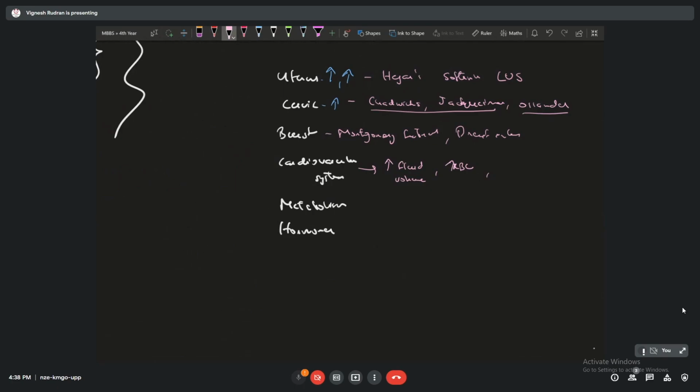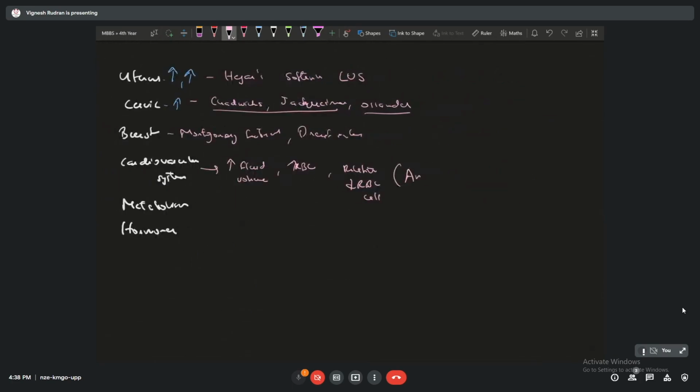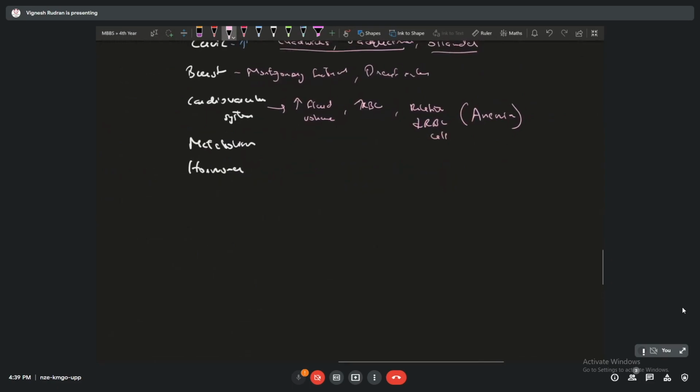There is a relative hemodilution, or relative decreased RBC mass, and this is going to be your factor for anemia. What this means is the RBCs are going to go to the fetus, right? So some amount of RBC is going to decrease, and that is going to cause anemia in the mother. So that is your cardiovascular system, an important thing.